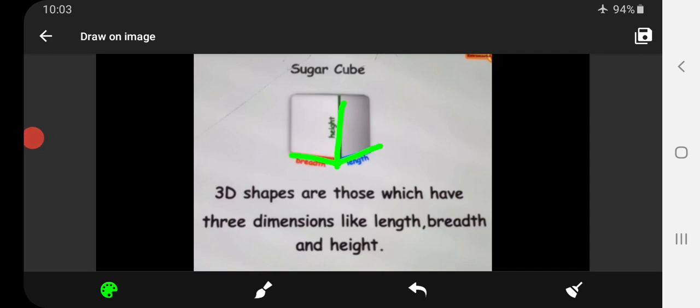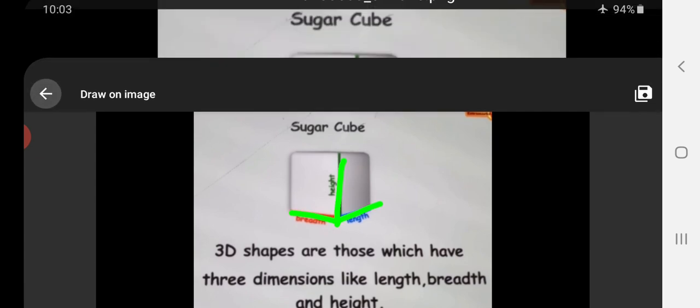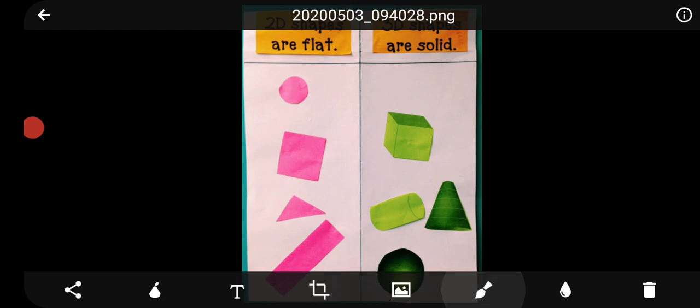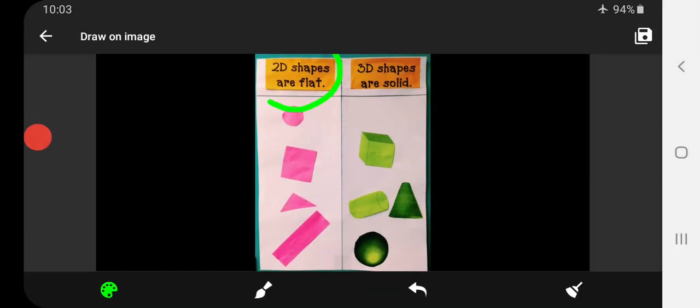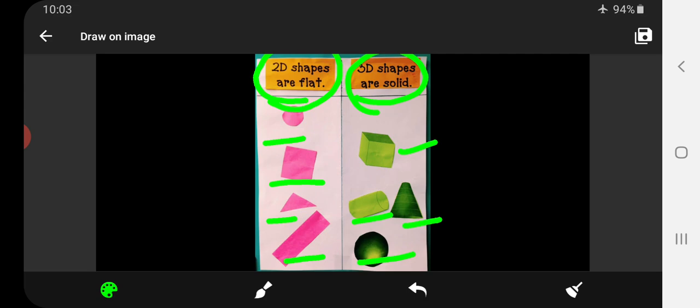It means we have three dimensions. Hence they are called 3D shapes. The 2D shapes are also flat, and the 3D shapes are solids. Some of the 2D shapes are circle, square, triangle, rectangle, and 3D shapes are cube, cylinder, cone and sphere. So this is how you can differentiate the 2D shapes from the 3D shapes.